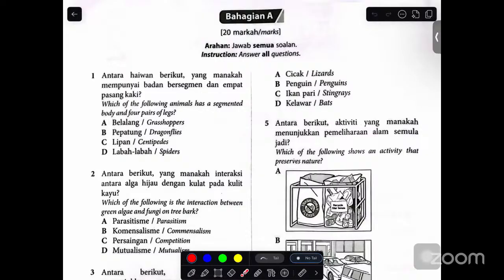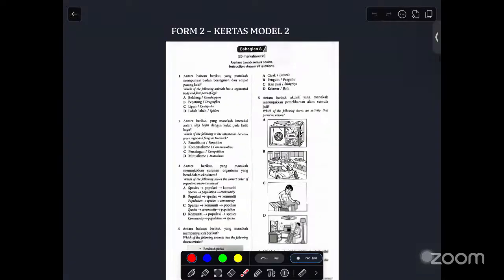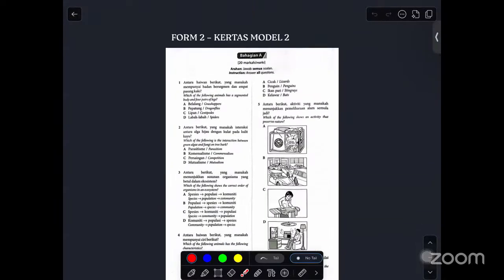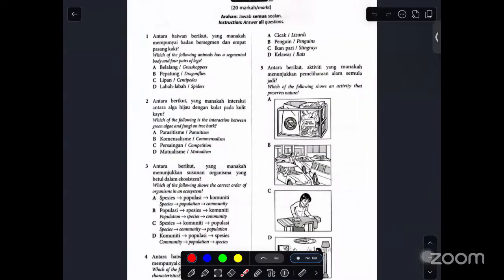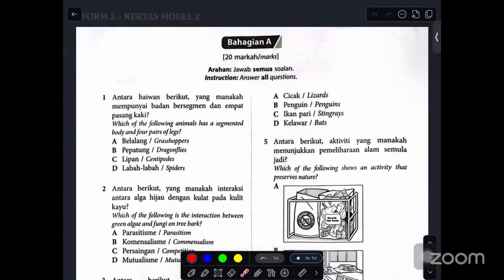Muka surat berapa tu? Teacher starting from the first. Zakira? Muka surat pertama sekali. Okay, ini kertas model baru. Before we start, teacher as usual, focus, refer to your buku teks, and kalaulah teacher terlepas pandang any of your questions, tolong jawabkan for your friends.